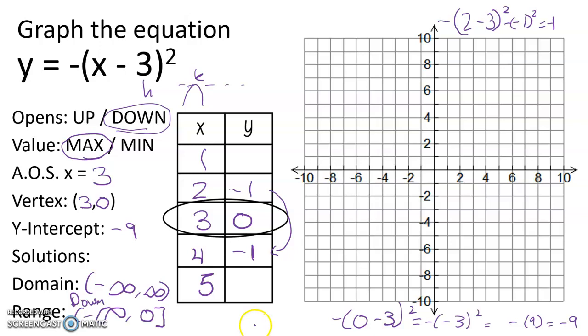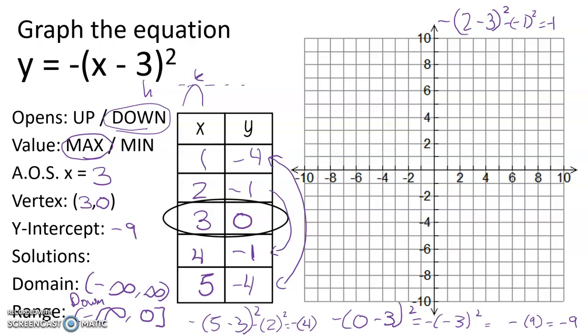I'm actually going to plug in 5. I plug that one in down here. So 5 minus 3 squared is 2 squared. Do the squared first. That turns into 4 with a negative out front. Makes it negative. So we got negative 4 and negative 4. Okay? There we go.